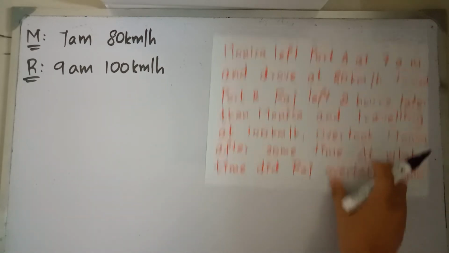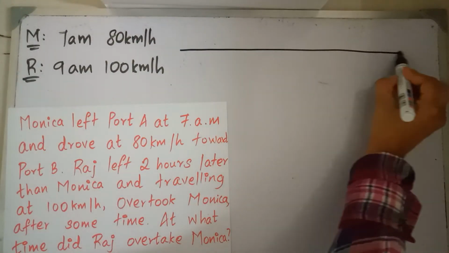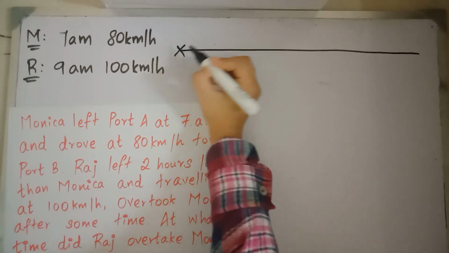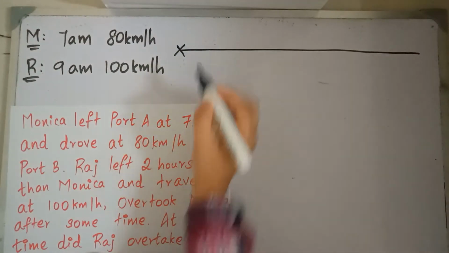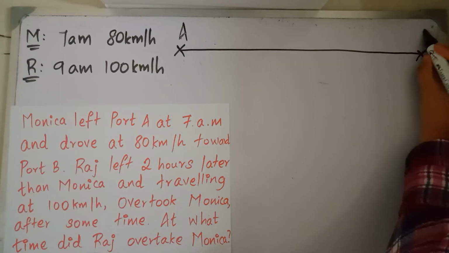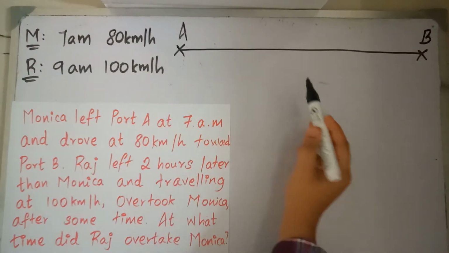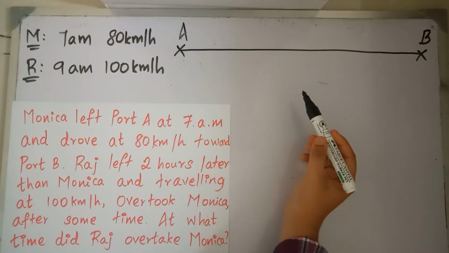Okay, let's draw a diagram. I'll have this as port A, the starting point. I'll represent that as A, and this point is B. Now Monica leaves port A at 7 a.m. and she drives at a speed of 80 km per hour.